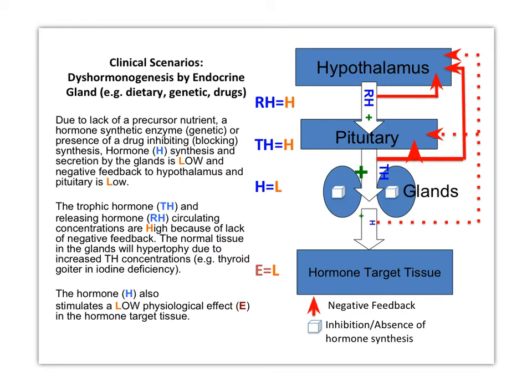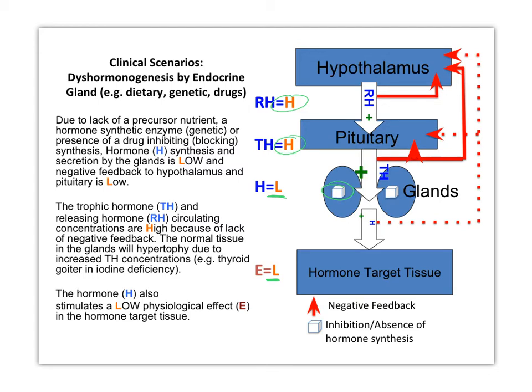We see this with iodine deficiency, for example, in producing thyroid hormone. Either one of the circumstances will lead to a blockage of hormone production, and that's represented by these blocks. And the hormone level will be low, and of course the animal presents with low hormonal effects and hypofunction of that gland. So what happens in this case? Well, again, due to the same mechanisms, we get high levels of a trophic hormone and high levels of releasing hormone.